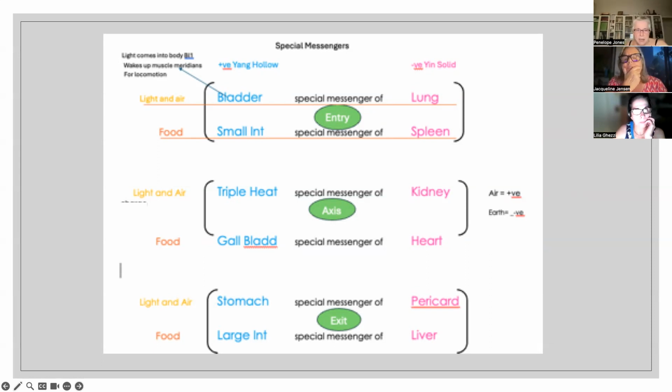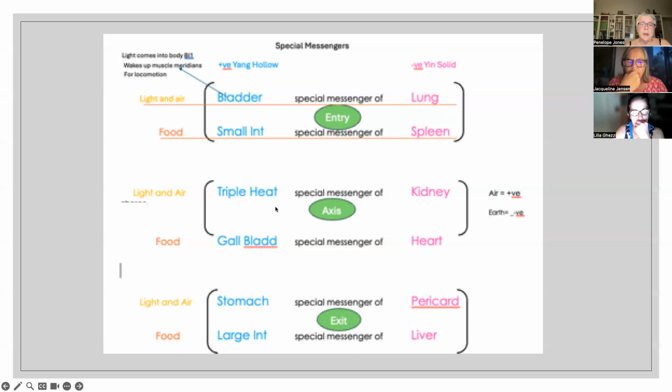Well, doing these charts is like giving you the tree trunk, right? Then you can put all the bits and pieces into it. It will have more meaning. So when you say, oh, well, why is large intestine 11 so good at removing heat? Well, here's the answer. It's the special messenger of the liver, and the liver is where most heat comes from.